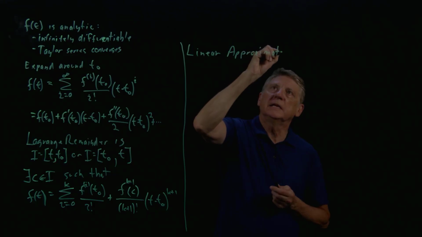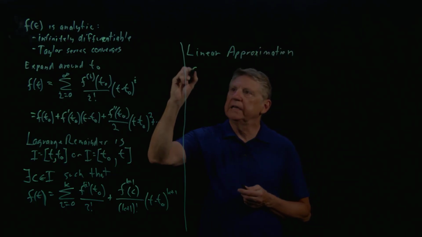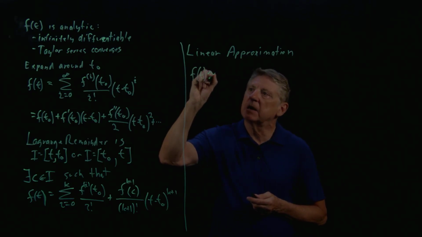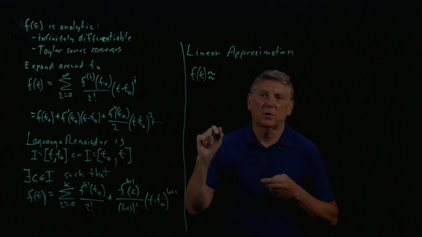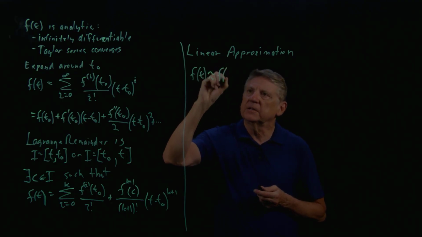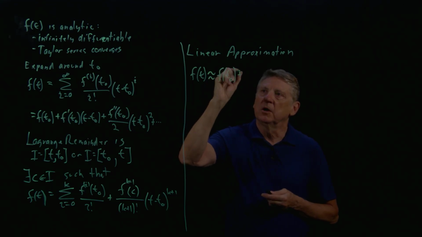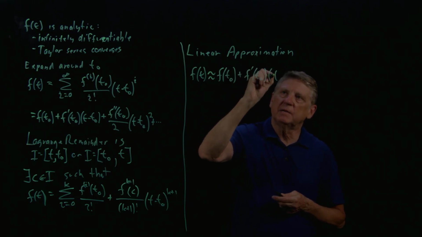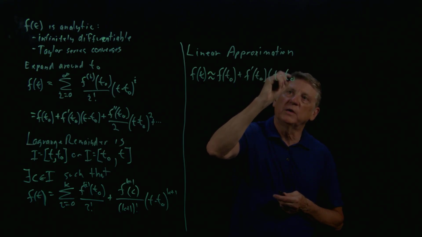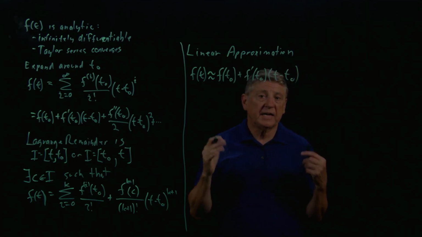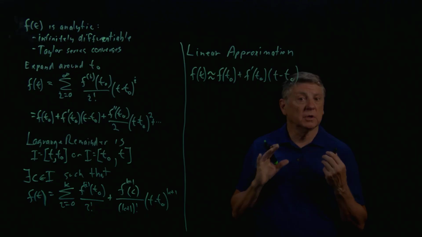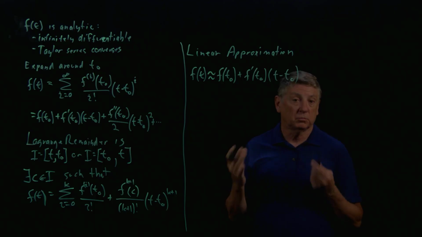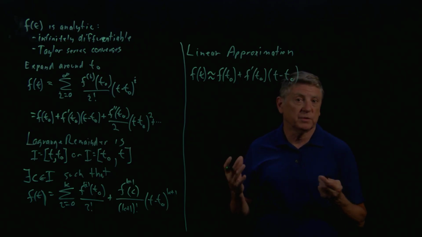In a linear approximation, f at any value of its scalar argument is approximately, and we use a wavy equal sign for approximately, the function evaluated at the expansion point plus the derivative at the expansion point times the difference between our point and the expansion point. That's producing a linear approximation. You'll immediately realize that linear approximation and tangent lines are related. I encourage you to explore that further.